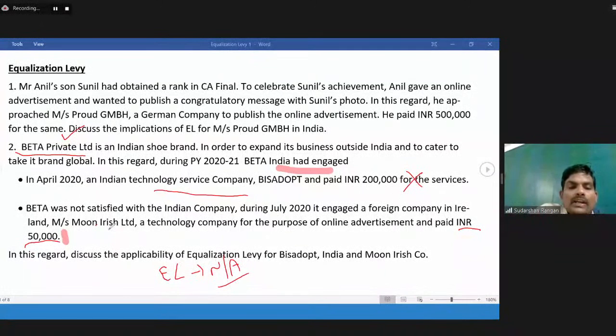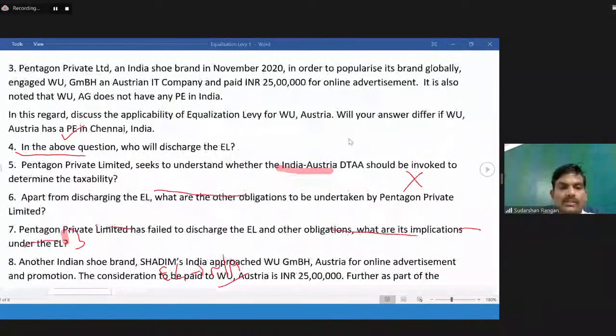The second situation: the service provider was a non-resident, the service recipient was a resident, and payment was for online advertisement, but the amount was only 50,000, and the threshold is 1 lakh. So therefore, equalization levy is not applicable for the second question. Now let's go to question number 3.